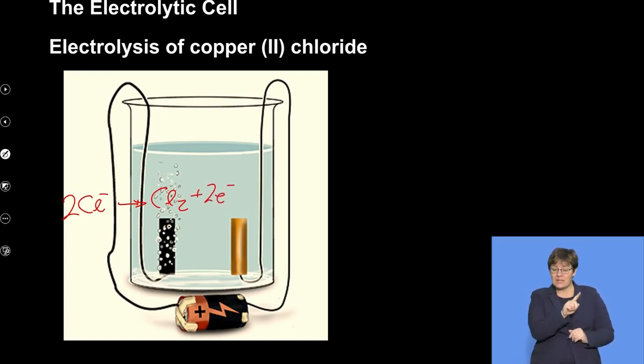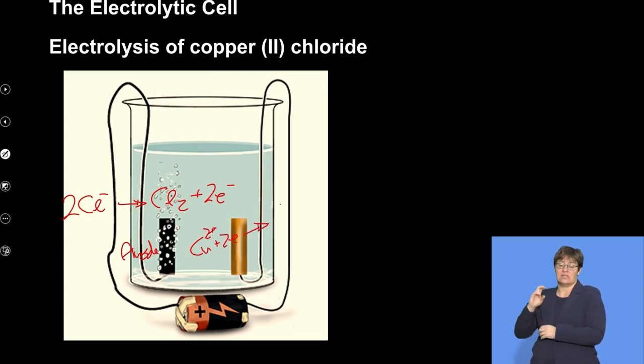That is oxidation. And oxidation is taking place here. So this is the anode. Whereas over here we've got copper 2 plus 2 electrons to form copper metal. And what you'll recognize is that is a reduction reaction. So that is the cathode.